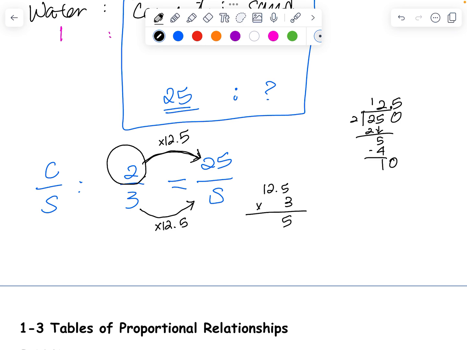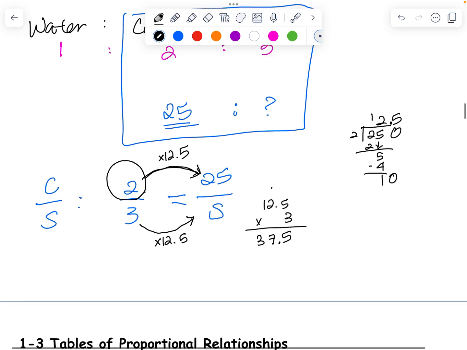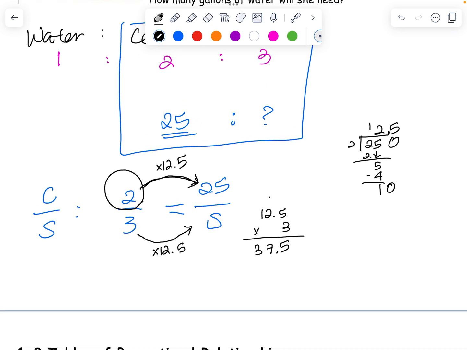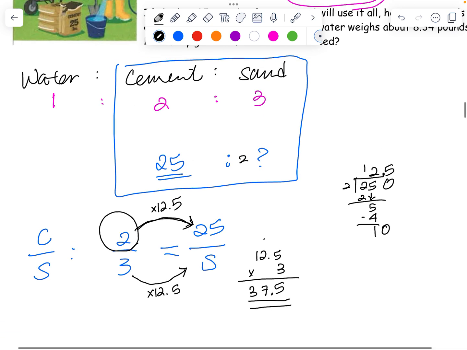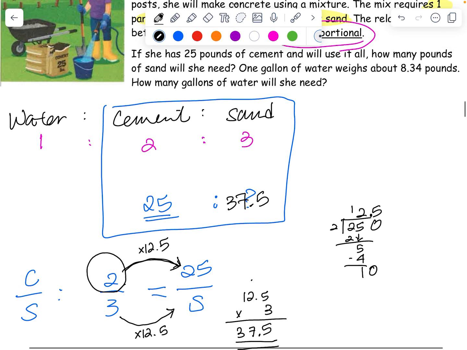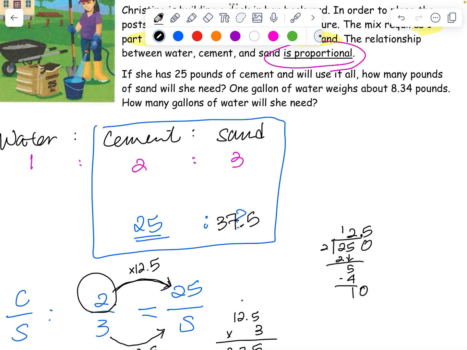That's 15. 1 goes up. That's 7 and 3. So you need 37.5 pounds. So you need 37.5 pounds of sand.